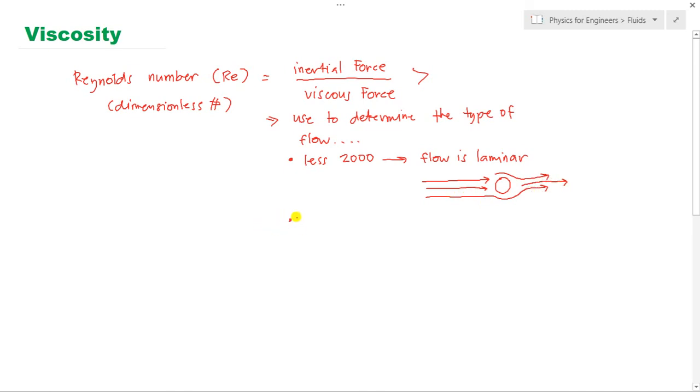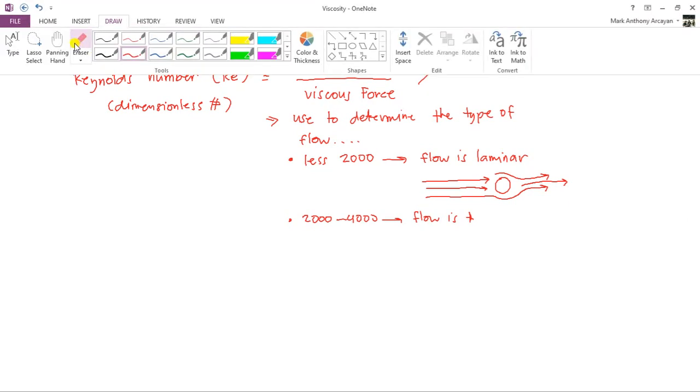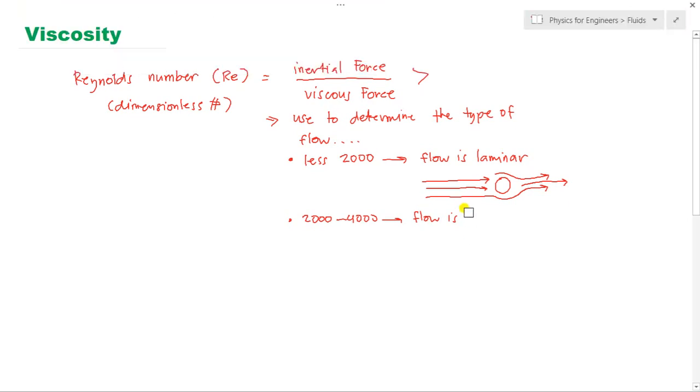However, if our value of our Reynolds number is between 2000 and 4000, gitawag na siya nga transition zone. So flow is in transition. Ang pasabot sa in transition, meaning mo-change na siya from laminar to turbulent.